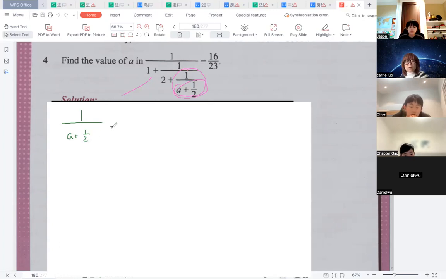Okay, so this one equals 1 over 2A over 2 plus 1 over 2. Can you do this step? Because I want to make this denominator 2, so it's 2 and 2A, right? So 2A plus 1 like that. So you flip it, equals 2 over 2A plus 1. Everybody, are you with me for this part?